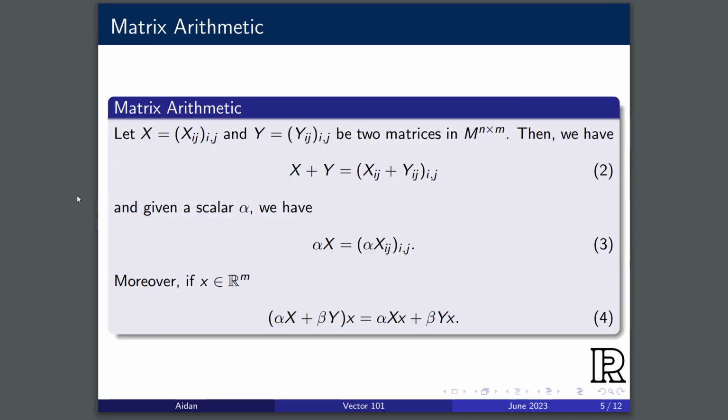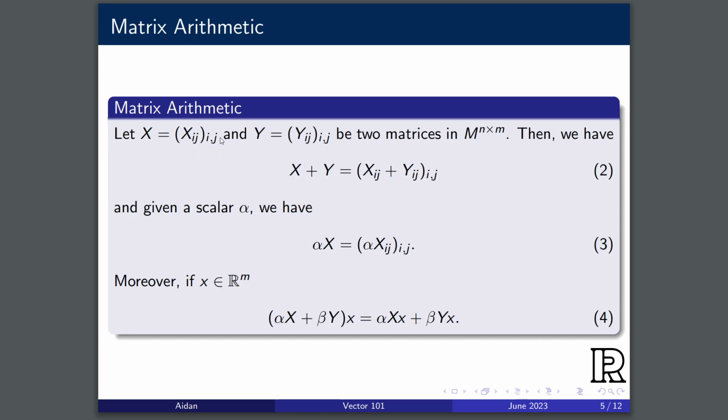So from these definitions, you actually can essentially uniquely define what it means to add two matrices and what it means to scale a matrix. In particular, adding two matrices, you just get back the matrix whose entries are the additions of the entries of the two matrices.